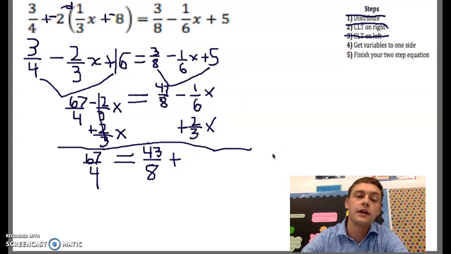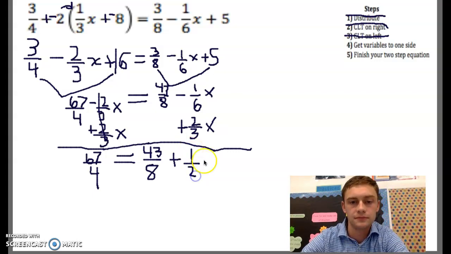Type in your calculator if you're not sure. 1/2 x. Alright, and we're done with step 4.